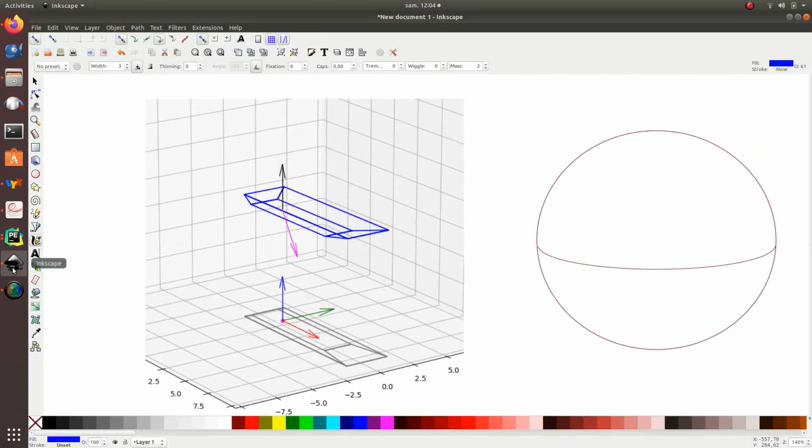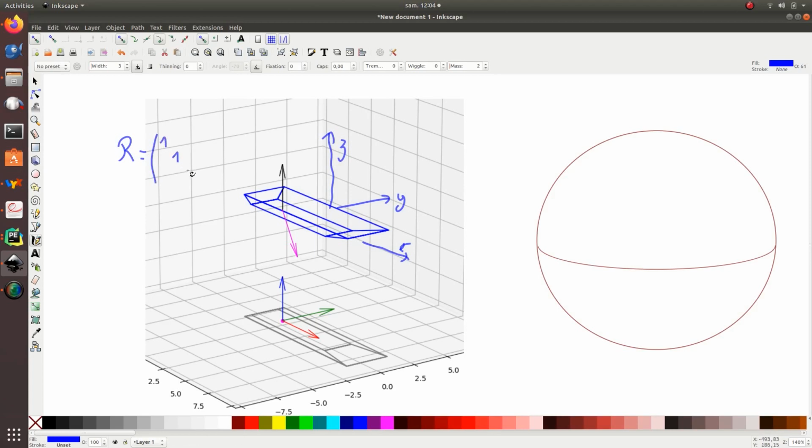Here it is the boat, which is represented here. I have the x-axis like this, and the y-axis like this, and the z-axis like this. The rotation matrix corresponding to this orientation in this picture corresponds to the identity.